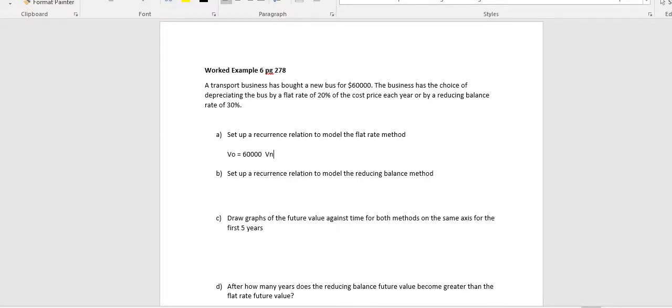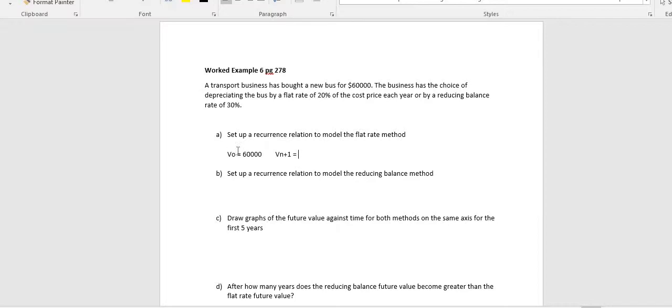I'm going to have something that represents the next term, so Vn plus 1 equals, I need to say what's happening each time. So with the flat rate method, if you recall, we come down in price by the same dollar value each time.